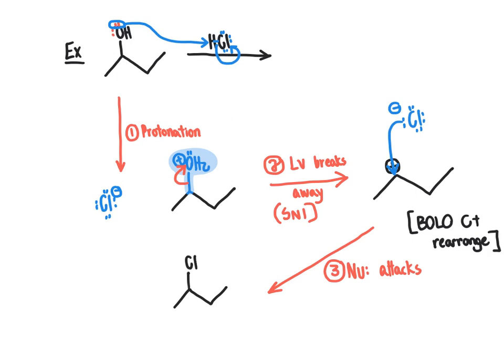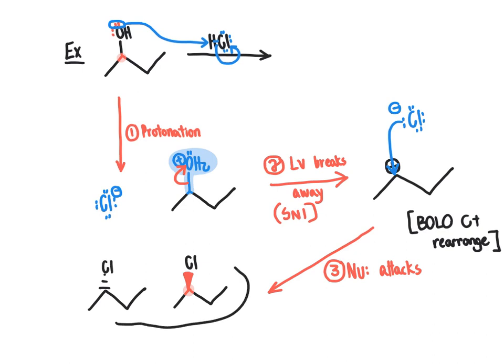Now we do have a newly created chiral center in the final product, so I need to remind you that regardless of what the stereochemistry was of our starting material, regardless of what the stereochemistry was of that carbon bonded with the hydroxy group, we would expect this product to be a mixture of the R and S enantiomers. So we'd expect this to show up as both a wedge and also, within the reaction flask, a dash going to that chlorine as well.